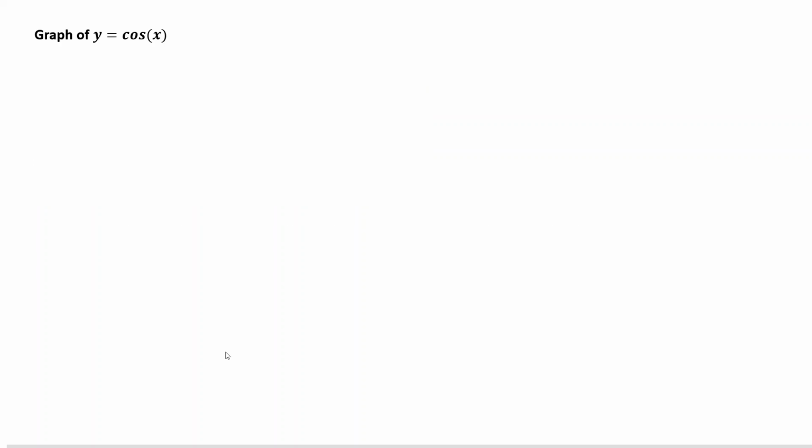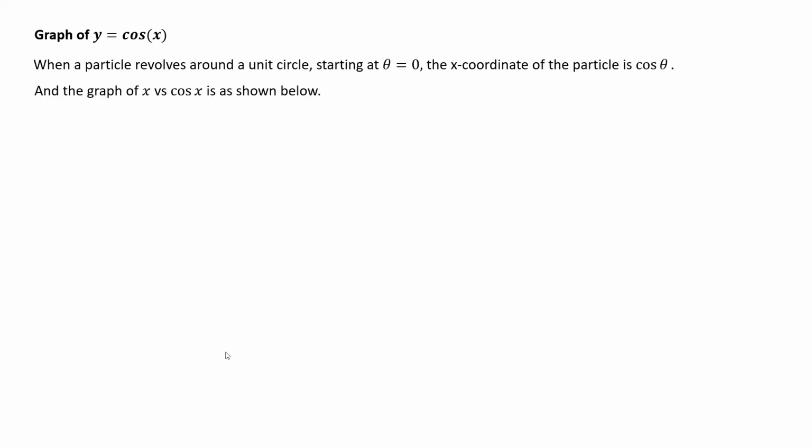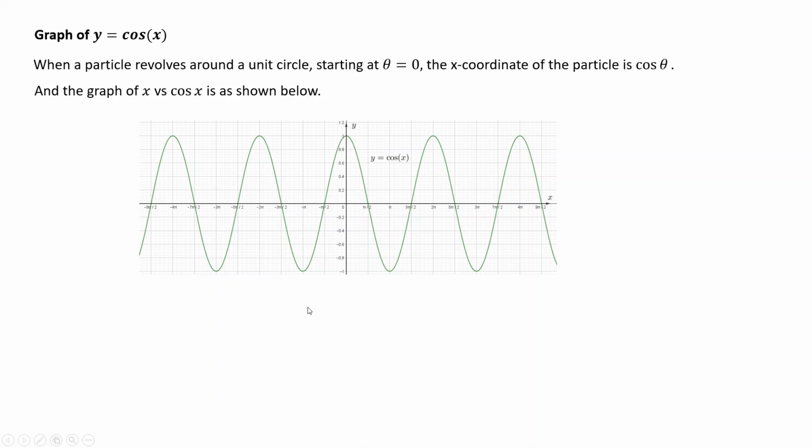What does the graph of y equals cosine x look like? Well, last time I showed you a point moving in a circle. If we looked at the x position of that point, then that follows a cosine curve. When theta is 0, cosine theta is 1.